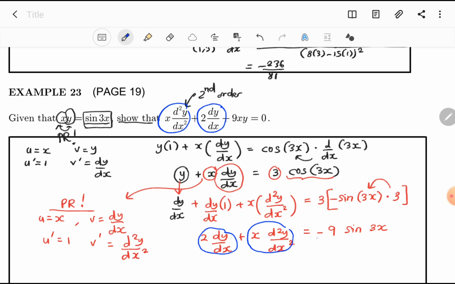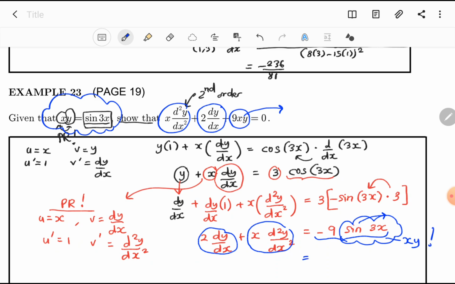But here we have negative 9 sine 3x, so we need to deal with this term. From the original function, we know that xy is sine 3x, so sine 3x is xy.